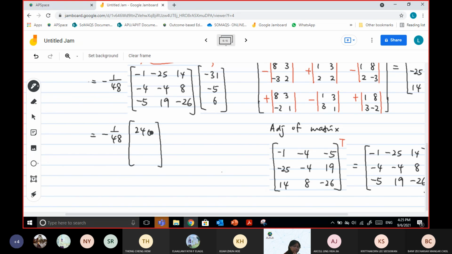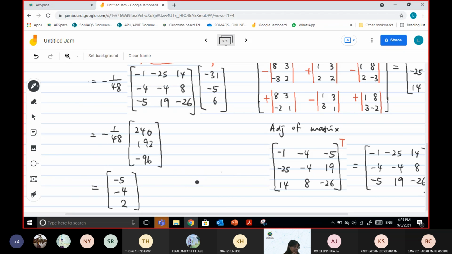Okay, then second one? 192. Negative 96, yes. So when you bring in the negative 1 over 48, you get the answer? Negative 5, negative 4, and positive 2.